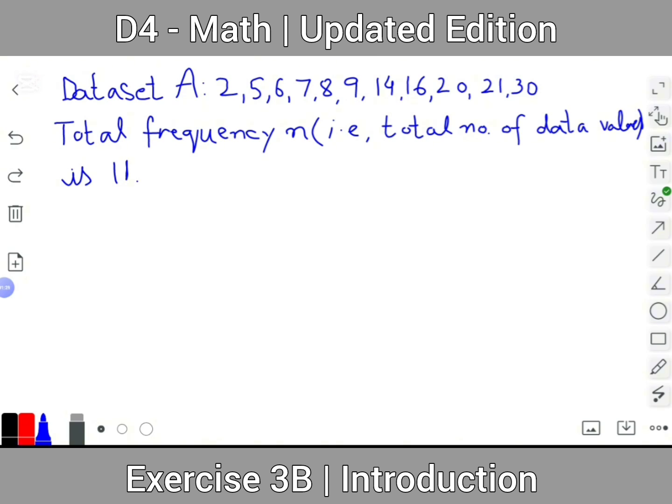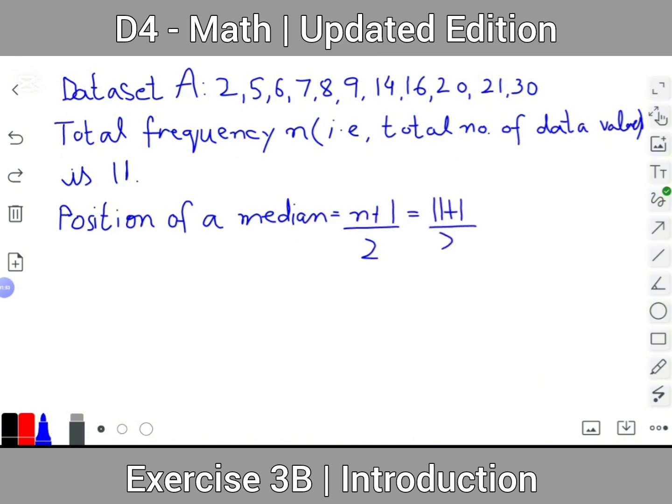Now to find out the position of the median, it is equal to n plus 1 divided by 2. Here the value of n is 11, so we have 11 plus 1 divided by 2, which equals 12 divided by 2, and it will give us 6. So the position of the median is 6.